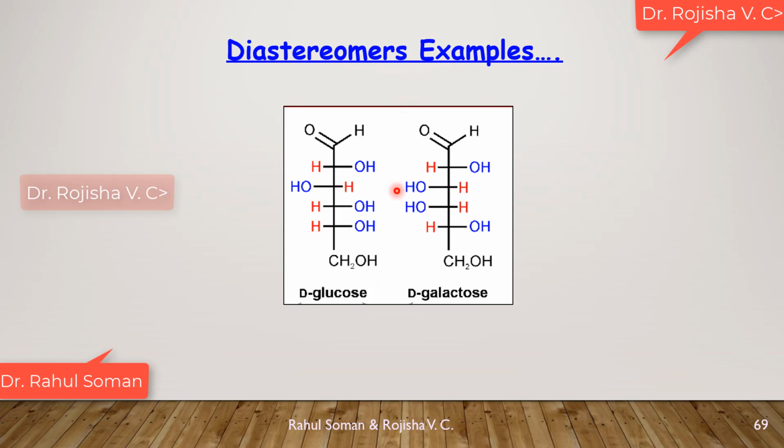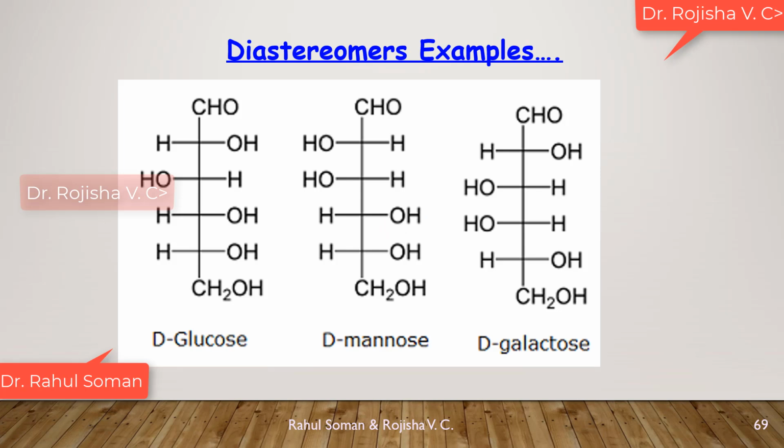Simply by seeing itself, it is very clear these are not mirror images of each other, because the first carbon is on the right in both cases, and the second carbon is on the left in both, whereas in the case of the third carbon there is a difference, and the fourth carbon also has a difference. So the diastereomers of glucose are galactose and D-mannose.